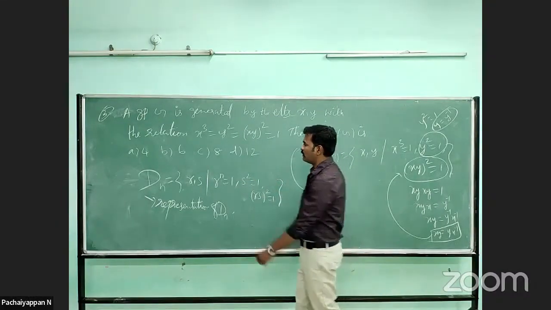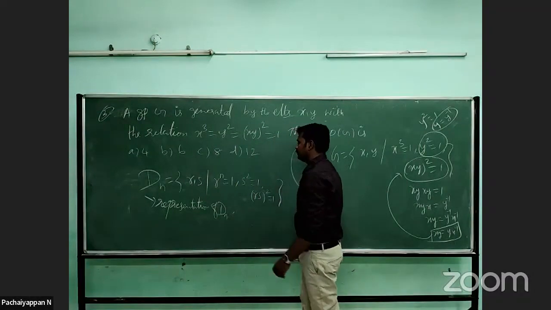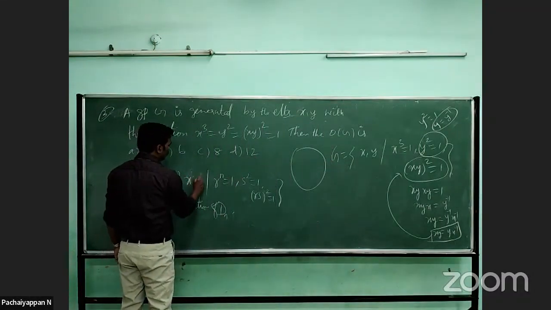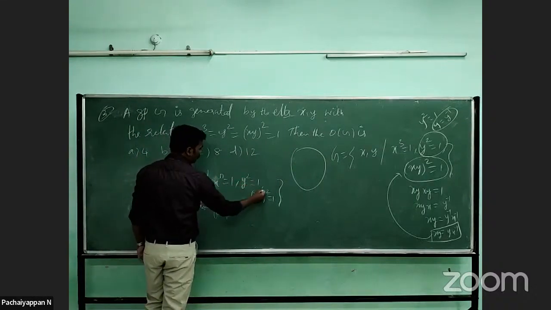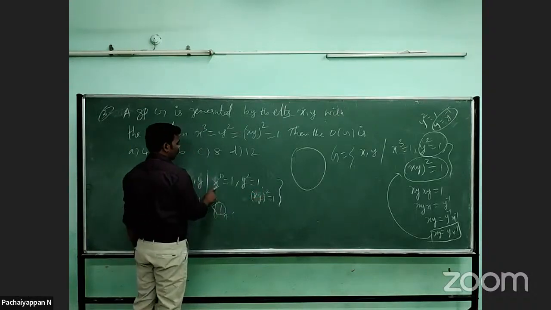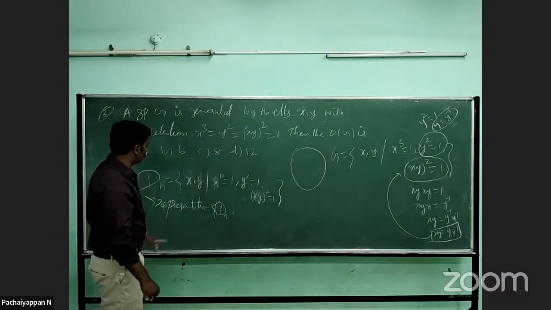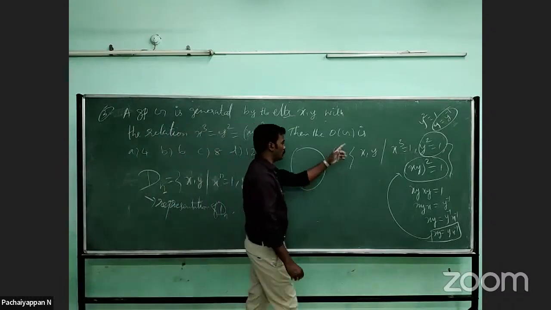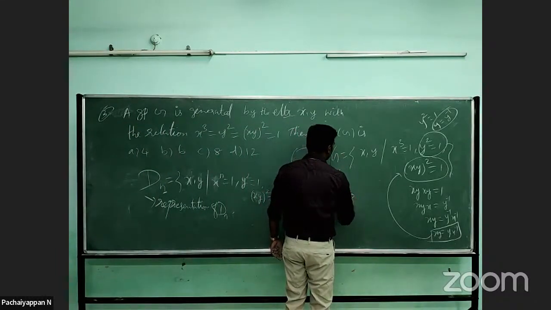Now you can conclude that R and S give X and Y, so you should write it in the X and Y format: X is a rotation and Y is a reflection. Now see the relation: X cube equal to 1. Therefore G equal to D3.